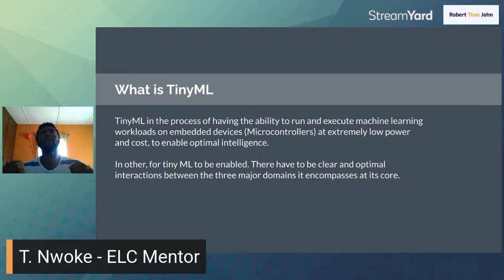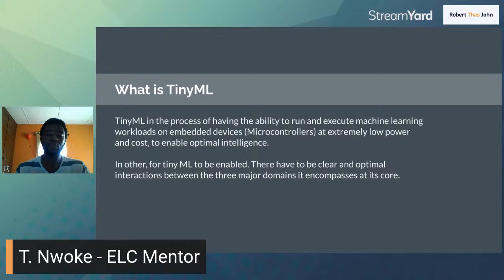So the idea of tiny machine learning is to run my machine learning models on little devices and save power and cost at the same time, and also give an optimal intelligent experience, right?